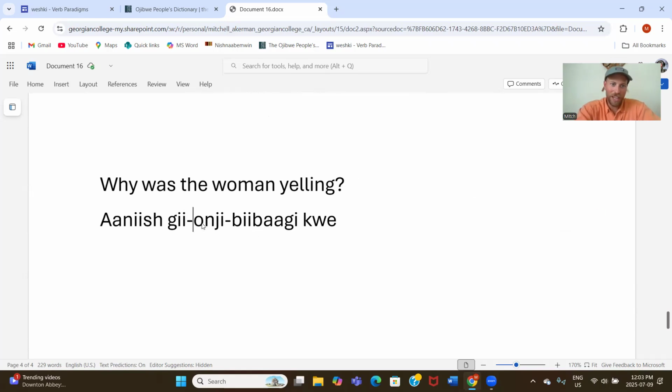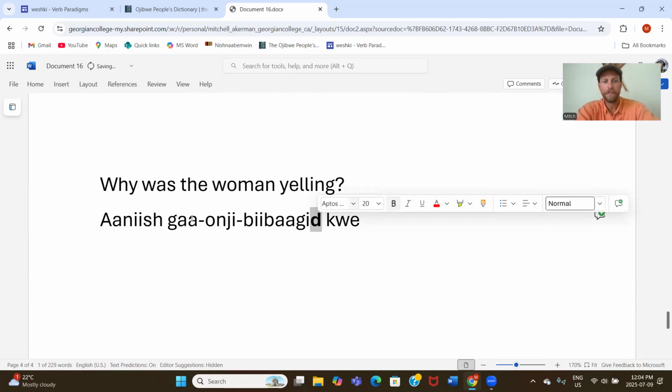Now, it's not that we're changing onje to wenje, and we're not changing bibage to babage, right? The first vowel is this gi up here. That becomes ga. Onje bibage. The D goes at the end because it's third person. Gi to ga is initial change.